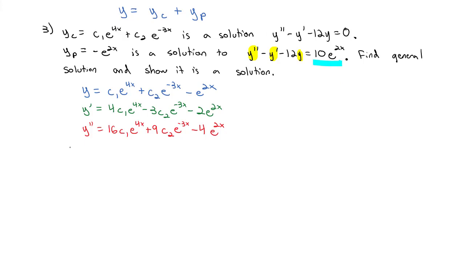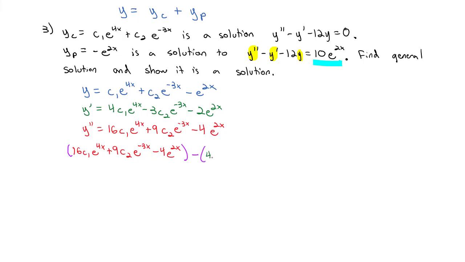Plugging these all in, we've got y double prime, which is 16c1 e to the 4x plus 9c2 e to the negative 3x minus 4 e to the 2x. And then we're going to subtract y prime.